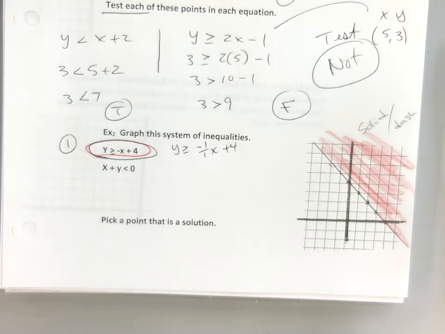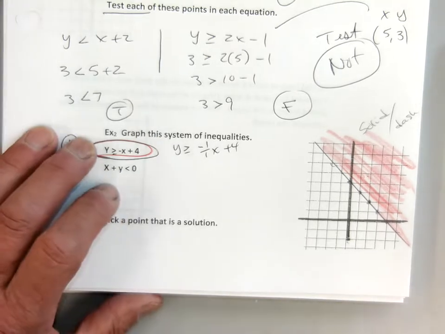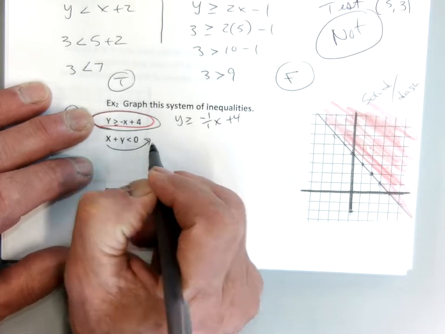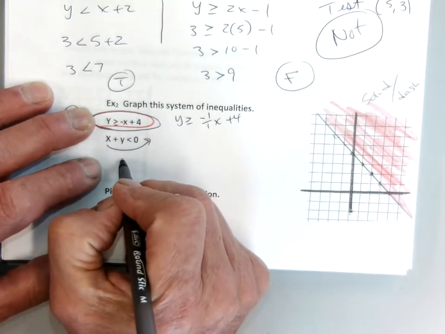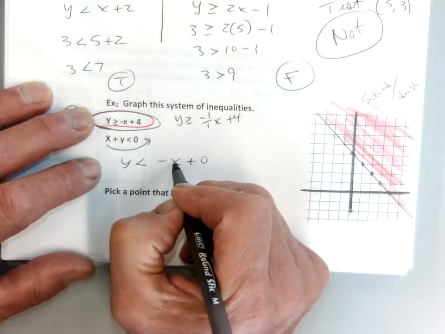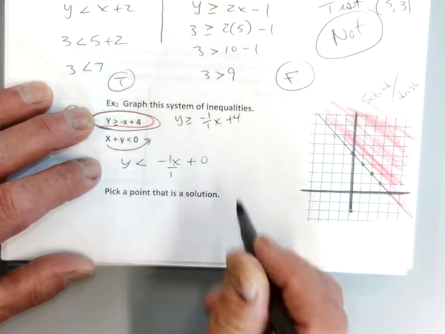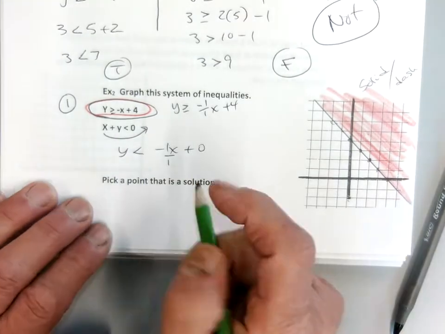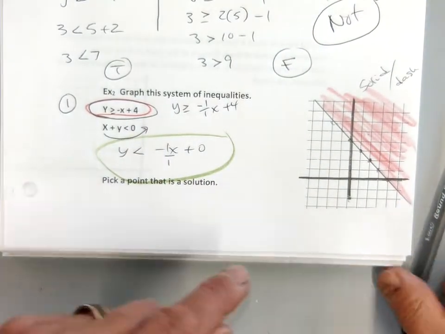That's it. Okay, good. Now, the other one I'll put in green, but it's not ready to graph yet. So I'm going to bring over the x. How do I bring the x over? Y is less than negative x plus 0. Okay, do this one in green. Start at 0.